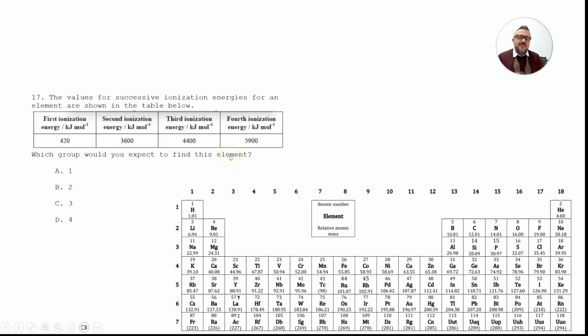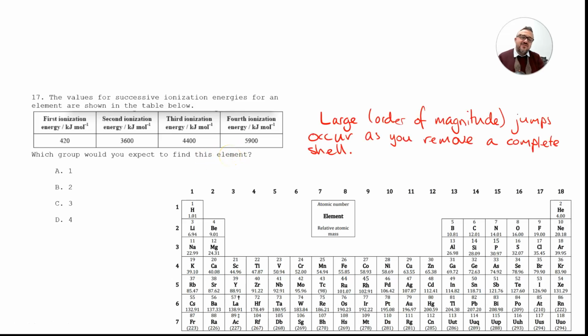First things first, large order of magnitude jumps occur as you remove a complete shell. Once you get rid of a full shell, you're now hitting a huge jump to start pulling away, because you're closer to the nucleus. So the jump here is between electron 1 and 2, first and second, which means this is in the first group.